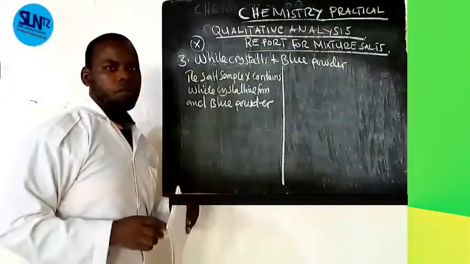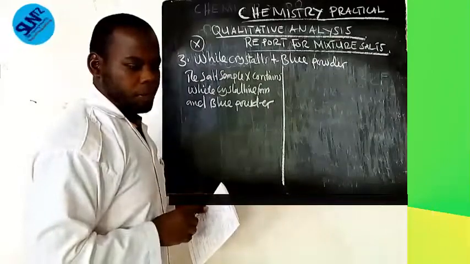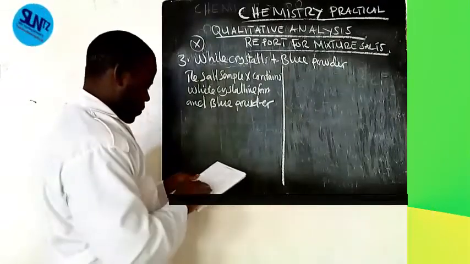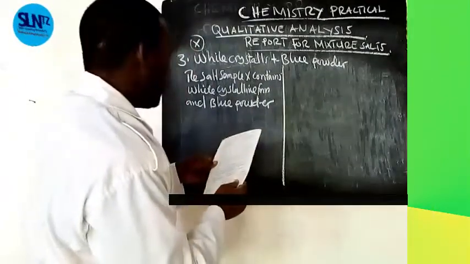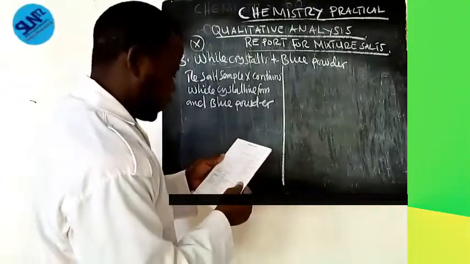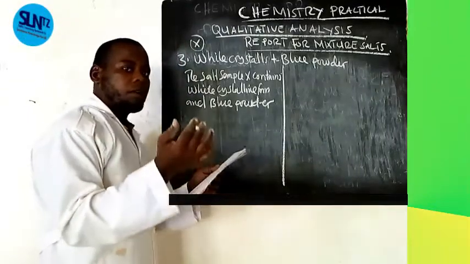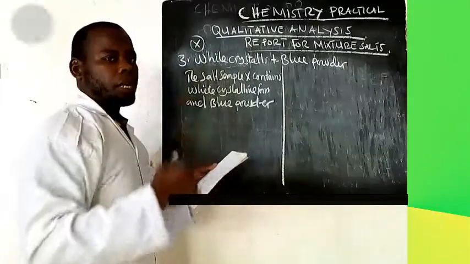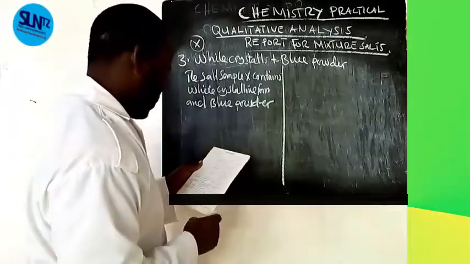Let's go to the case of inferences. We have to start with the anions and then we put the color.